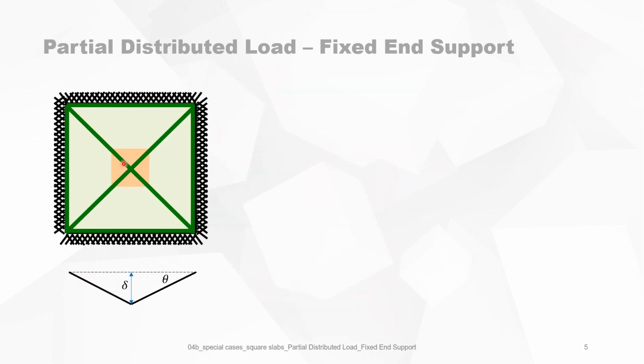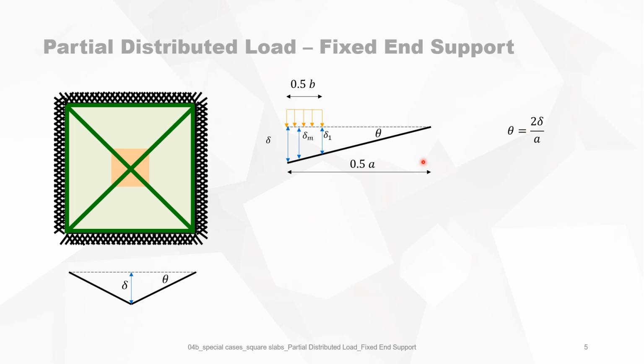Consider now a section here through, then you see that the maximum or the unit deflection is delta in the middle and 0 at the end, and the angle of deflection is theta. For small angles, the tangent theta is equal to delta divided by A over 2.